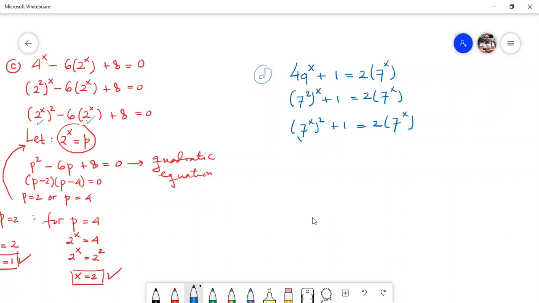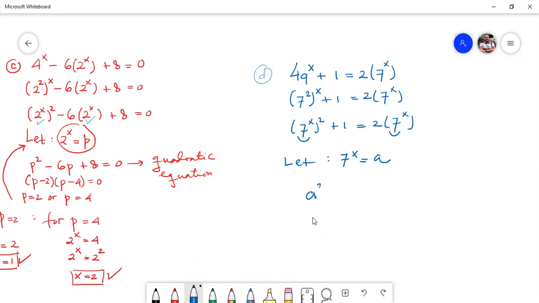Now this is the same as the previous one, question C. Let 7 to the power of x equals a. Then you substitute here.